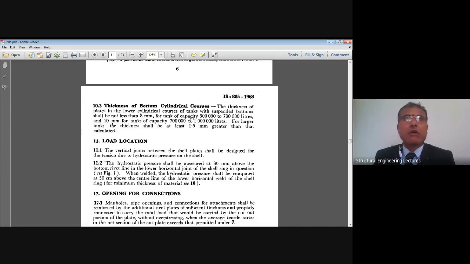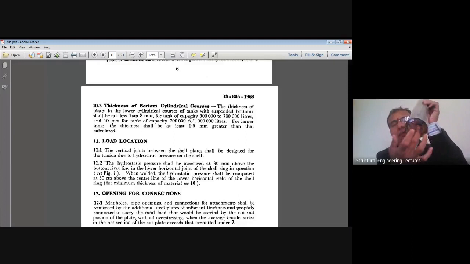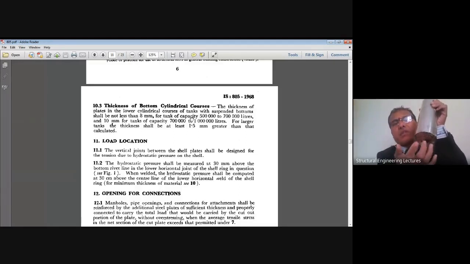The bottom plates should be 8 mm thick for a tank capacity of 5 to 7 lakh liters, whereas the courses should be 10 mm thick for a tank capacity of 7 lakh liters to 10 lakh liters. This is for the bottom cylindrical courses.